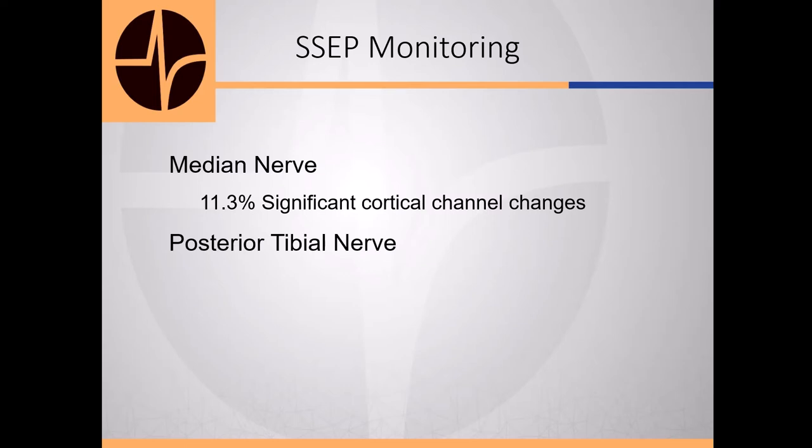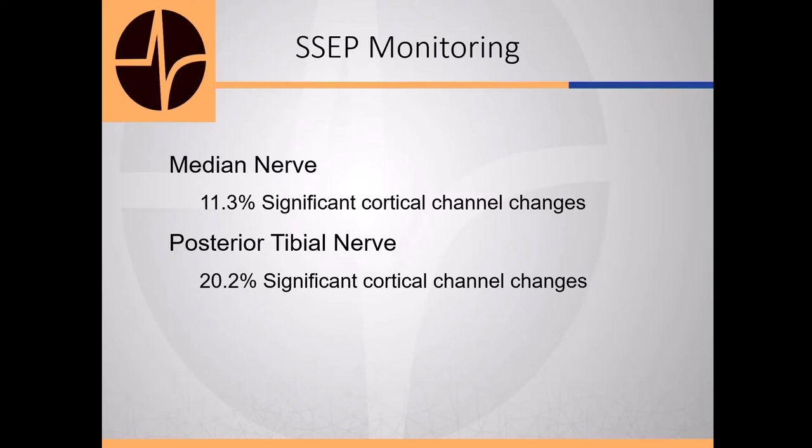Posterior tibial nerve SSEPs, 20.2% have significant cortical channel changes. Well, that's almost double. Why do we do median and not post-tib? Well, trying to get post-tib SSEPs, we know can be really difficult.